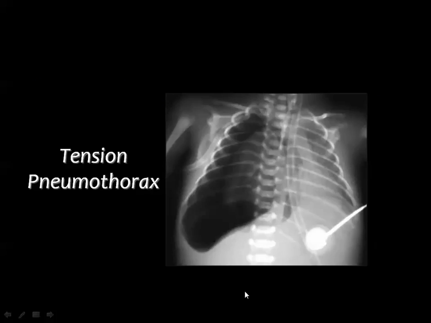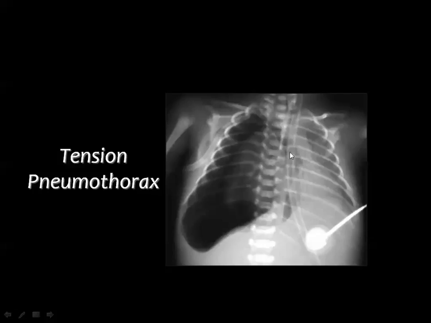Then we have to discriminate between tension pneumothorax and the ordinary or regular pneumothorax. In tension pneumothorax, we should have two specific findings for the diagnosis, and these are: number one, contralateral shift of the mediastinal structures, and number two is flattening and compression of the diaphragm.